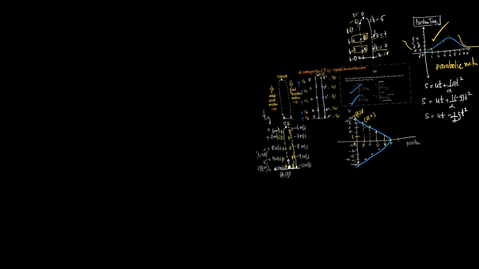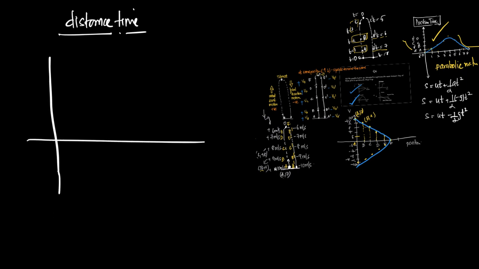Okay, so let me try to explain the distance time relationship now. This time we'll try to understand the graph mathematically. So the curve, this is distance here, this is time here. The curve is given roughly something like this, right?